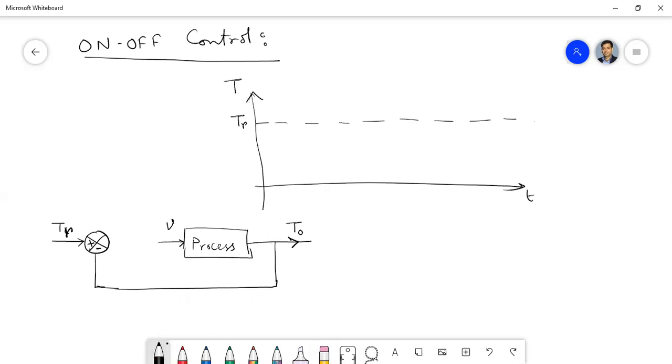So this is how I have to check whether the T0 becomes equal to TR or not. If it is not equal, then my controller will take some action. So this is the controller. Are you getting?